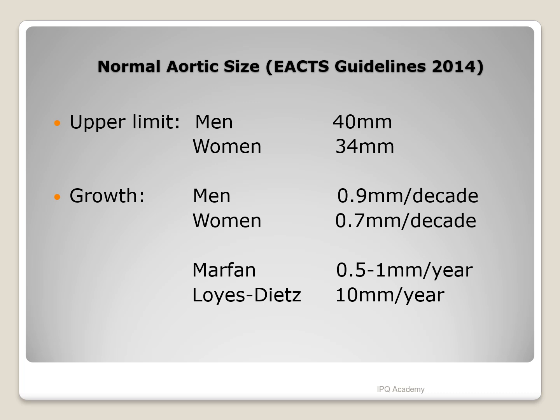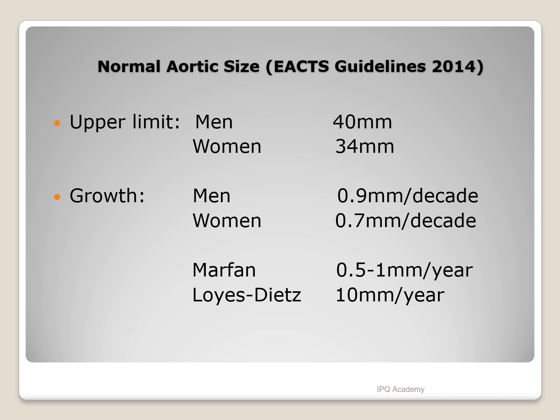The limits of the normal aortic size have been defined by previous aortic disease guidelines. More specifically, these are 40 millimeters for men and 34 millimeters for women. It is known that the aorta naturally grows in diameter as we age.